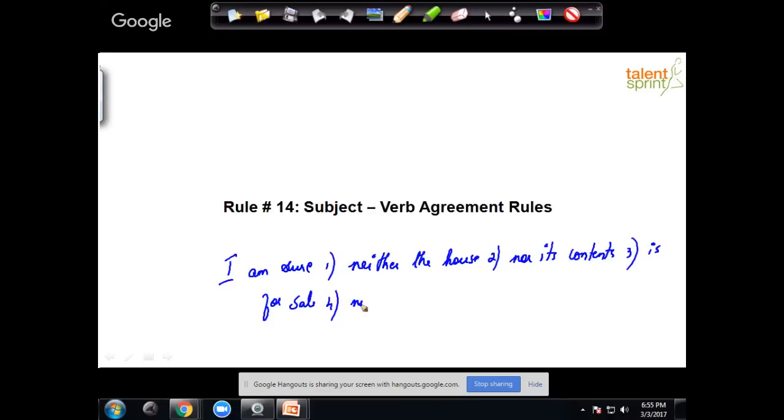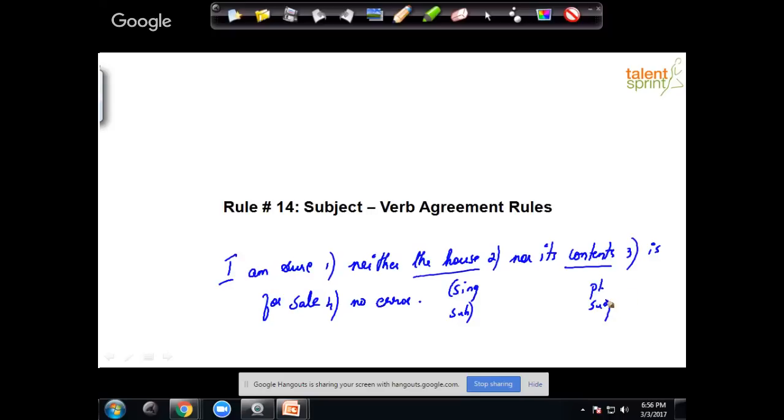Where do you think the error is in this? I'm sure neither the house nor its contents is for sale. This is another subject-verb agreement rule, right? Where I'm saying the house is my singular subject, right? But contents is a plural subject.